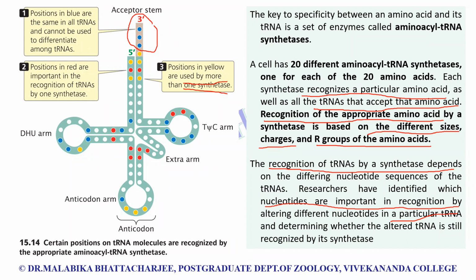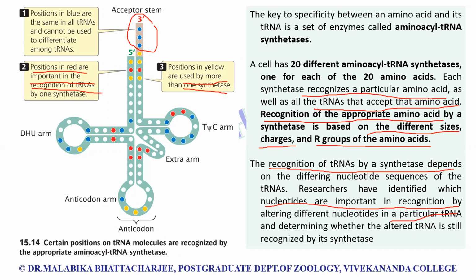These red bases help in discriminating between the tRNAs for a particular tRNA synthetase. So these positions in red are important in recognition of the tRNAs by one synthetase.